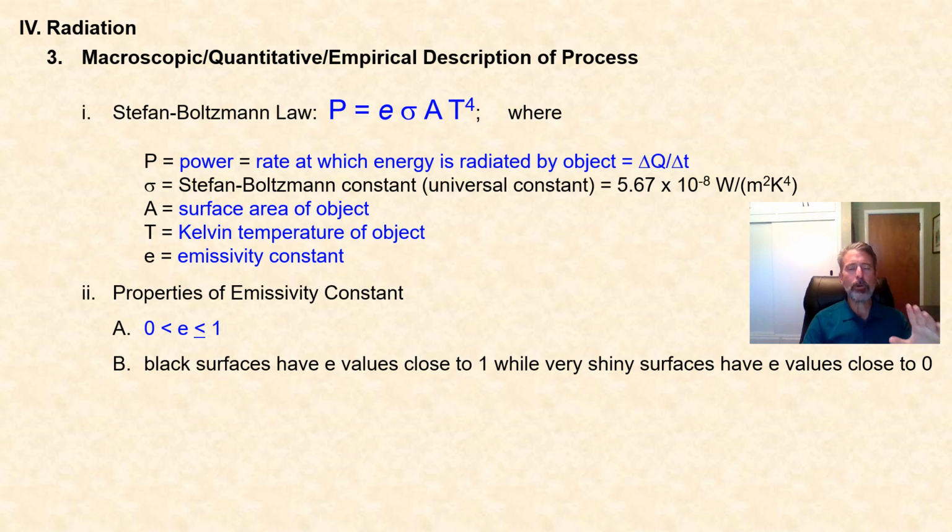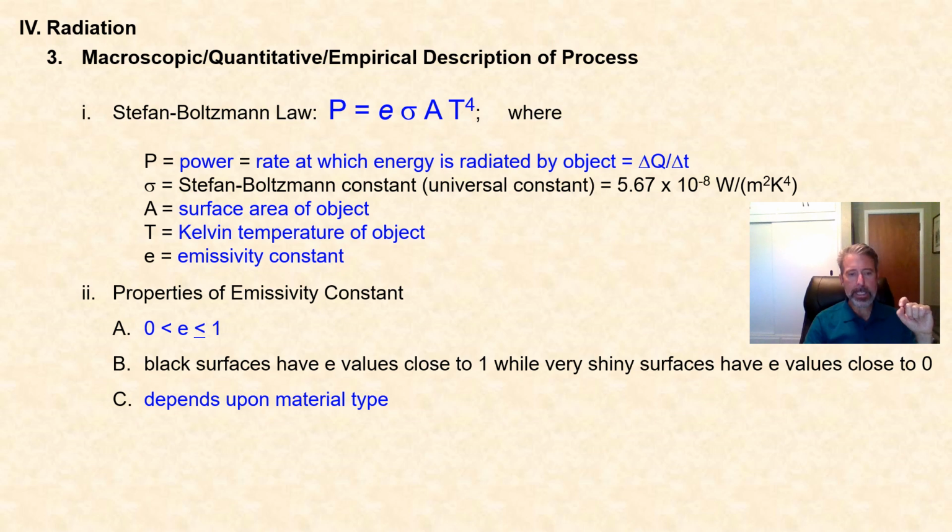Well, I think many of you probably know this, but an object appears black because it does not reflect light. In other words, a black object absorbs all of the light on it. Since it doesn't reflect any back into your eye, it appears black. In other words, black is the absence of reflected light. Whereas a very shiny, silvery, mirror-like surface reflects almost all of the light from it, so it's going to have an emissivity value close to 0.